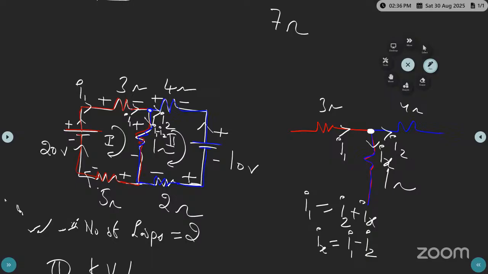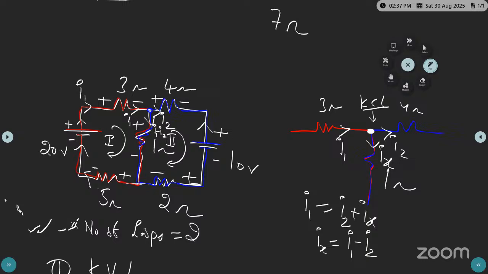This one also you have to write down. Why? Because how did you obtain Ix? Ix is nothing but I1 minus I2. It is a common element, common current. By applying KCL at this node, you obtained the Ix value, the current in a common element. Individual currents are I1 and I2. But common current, by drawing like this, you are able to find.